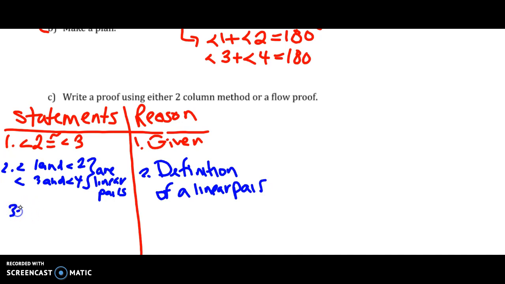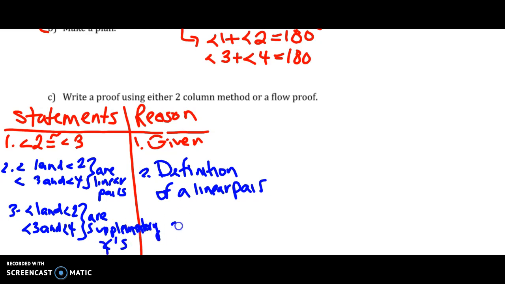Three. Because they are linear pairs, we know angle 1 and angle 2, angle 3 and angle 4 are supplementary angles, which are two angles that sum to 180. Linear pairs form supplementary angles.